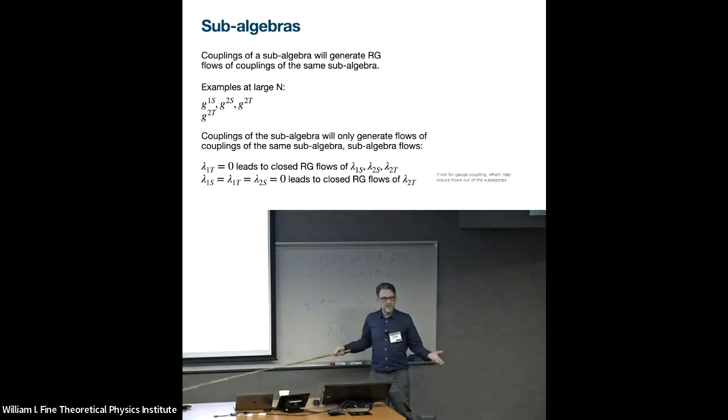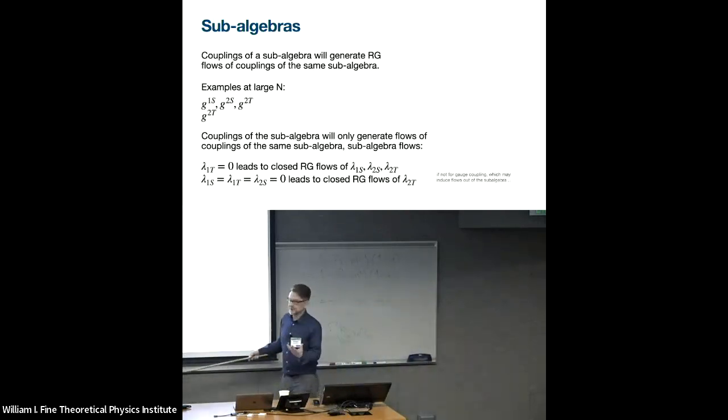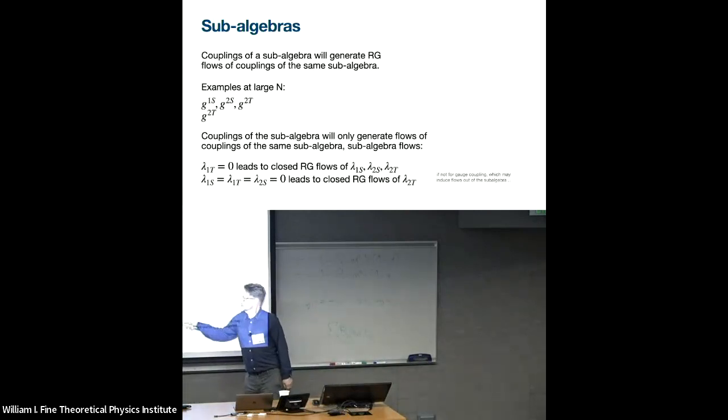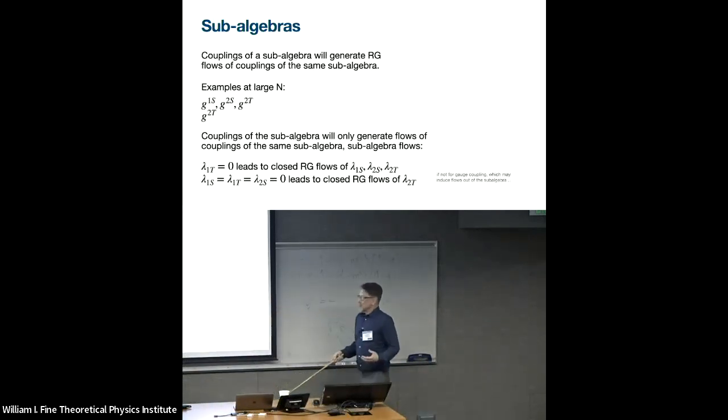A subalgebra is just a part of the algebra that closes. You can look at this three-dimensional subalgebra or that one-dimensional subalgebra. And say if you put all the other couplings to 0, if those products close, you will stay in the subalgebra.